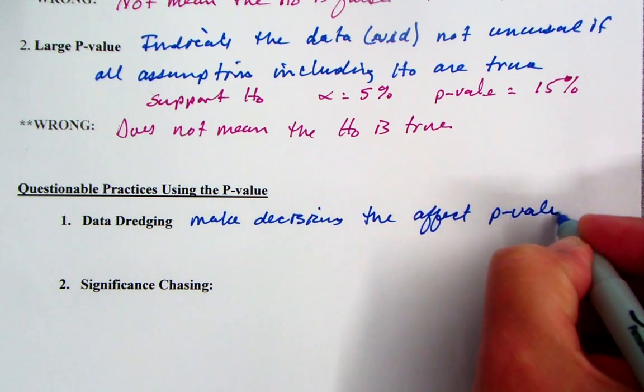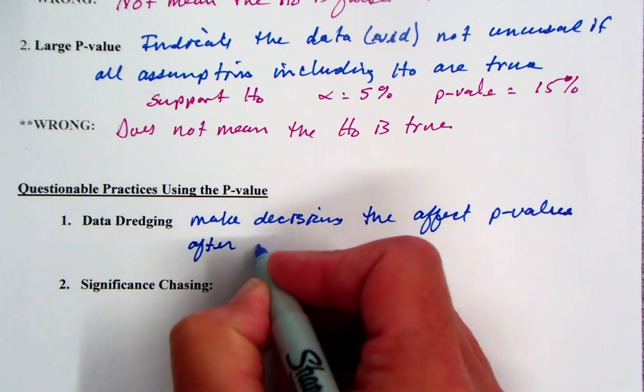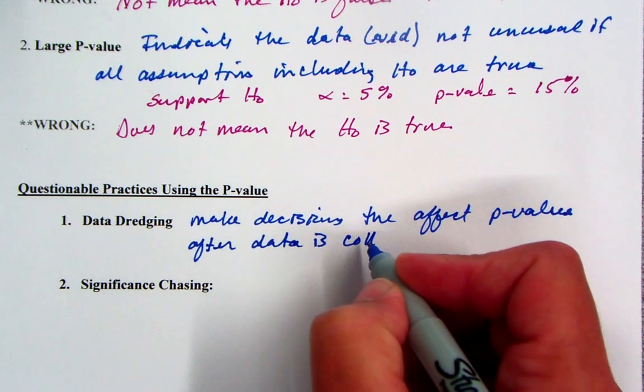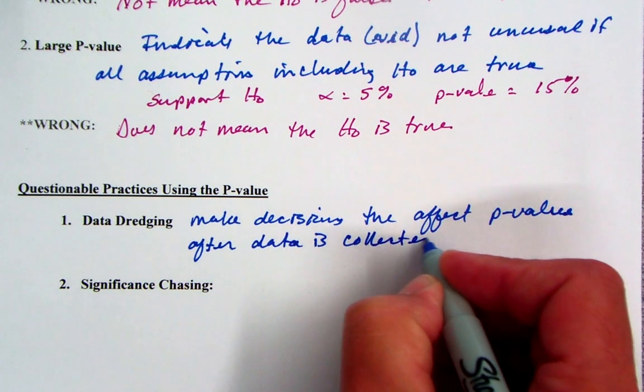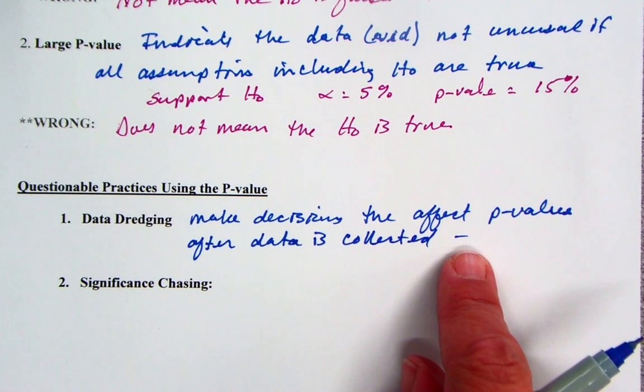Maybe I want to take a bigger sample size, but we do this after the data is collected. Maybe I change from not equal to greater than or less than. This is not ethical. This is something we don't do in statistics, although lots of times it's done. So we have to be really careful about that.